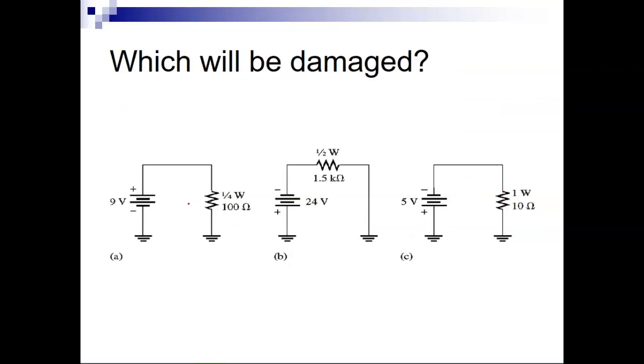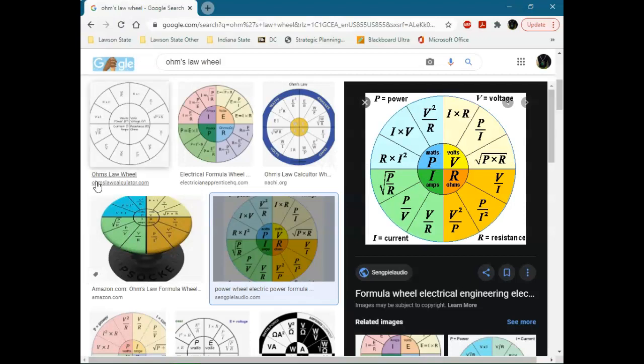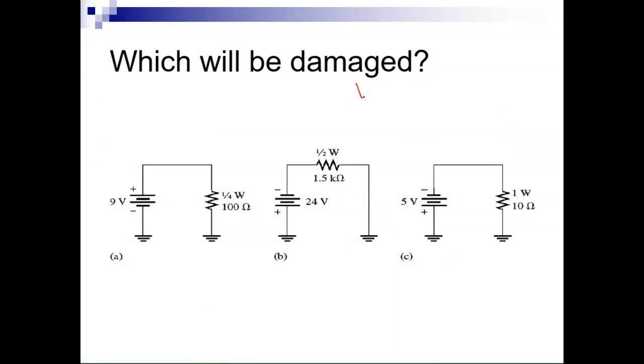So looking at this, they're asking which one will be damaged. So we're given voltage and we're given resistance, and we need to find power. Going back to our Ohm's law wheel, if I have voltage and I have resistance, I can find power by using V squared divided by R. So what is A?